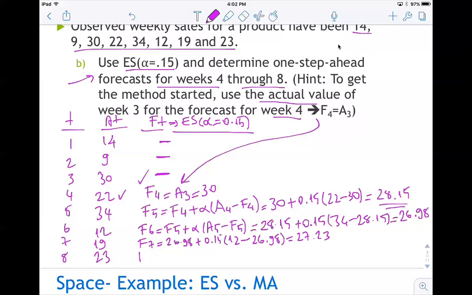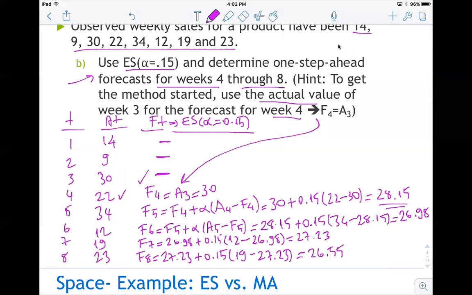And then F8 would be 27.23 plus 0.15 times 19 minus 27.23. And the forecast that I'm making for week 8 at the end of week 7 would be 26.55.